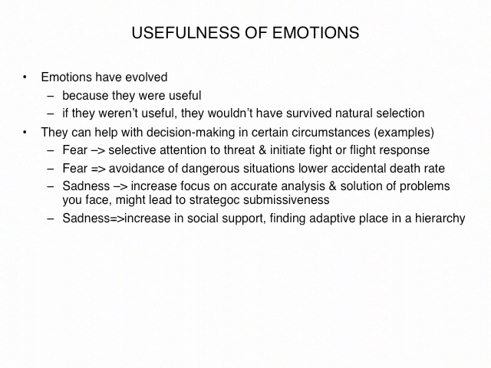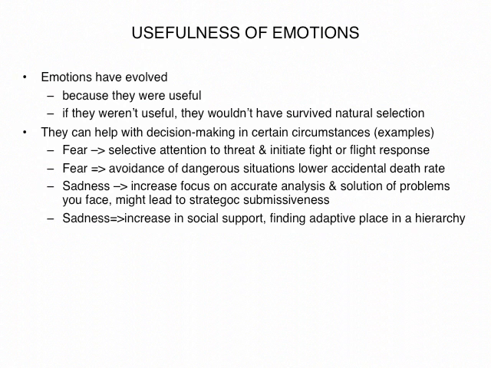And from a cognitive psychological perspective, if you can pare this question down and answer it in a very concrete way, emotions usually help us with certain kinds of decision making. So here are some examples.